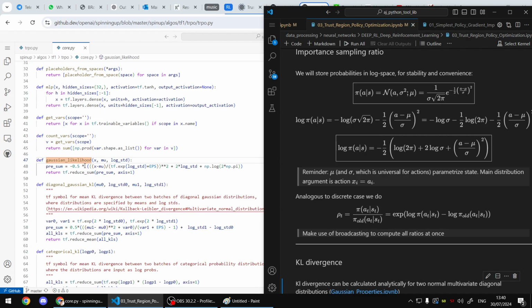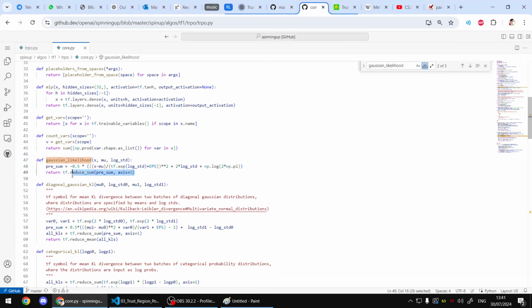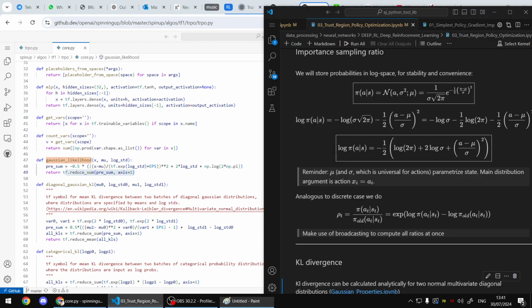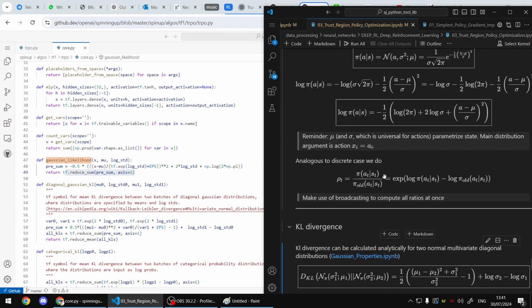Well, the question is that they reduce the sum over actions. So it's dimensions of state times actions, and they reduce the second dimension. They collapse it into states, which they later can basically take a dot product of these ratios and the advantages.